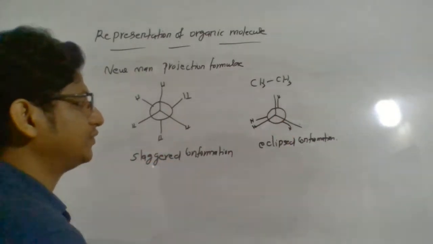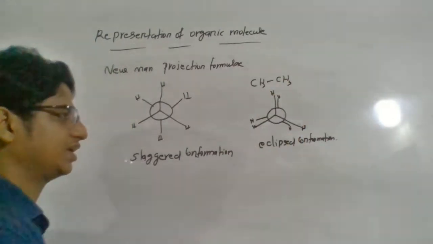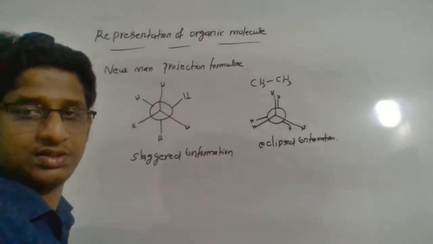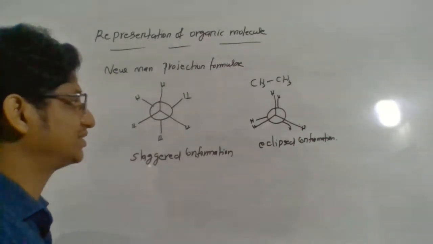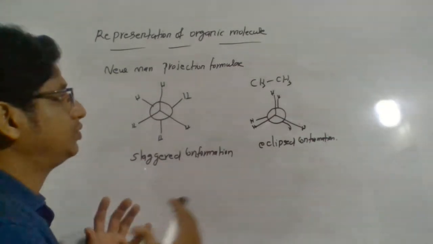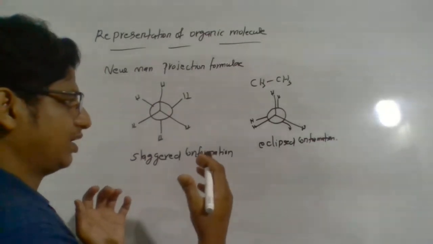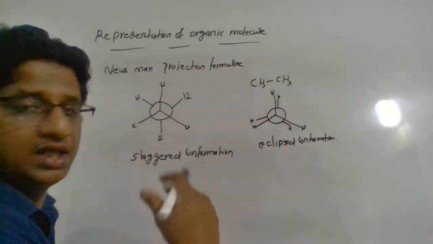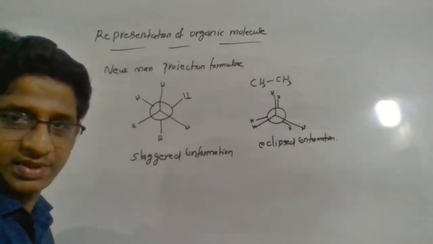But in the eclipsed conformation, they experience the highest electron repulsion. So there are two types of conformation that represent staggered and eclipsed. In between, an infinite number of conformations are possible, with varying degrees of repulsion.